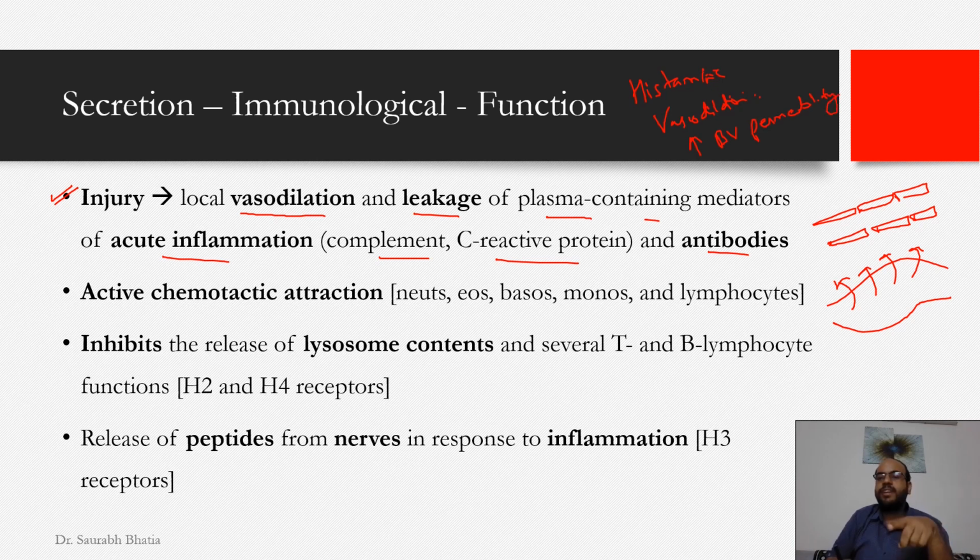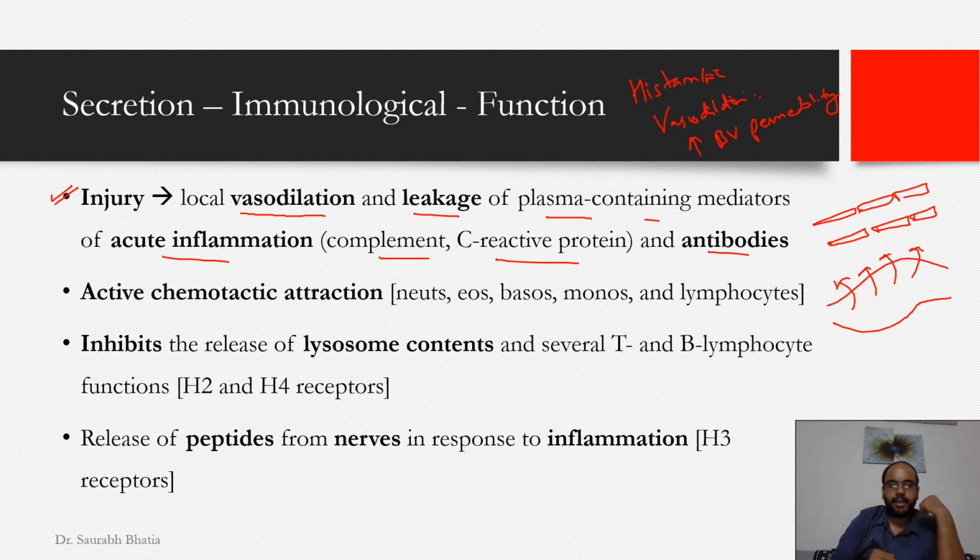And that is what you see as wheals in urticaria. You have a localized swelling of the dermis, and why is that happening? Because of histamine, the dermal blood vessels are now increasingly permeable, and because of their increased permeability, you have leakage of plasma protein and fluids outside the blood vessel inside the dermis, and that is how you have that wheal formation.